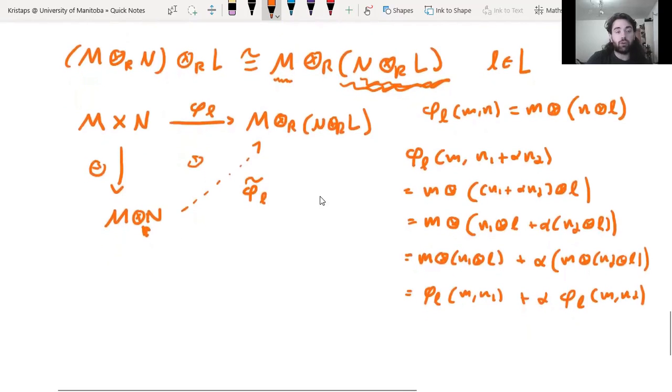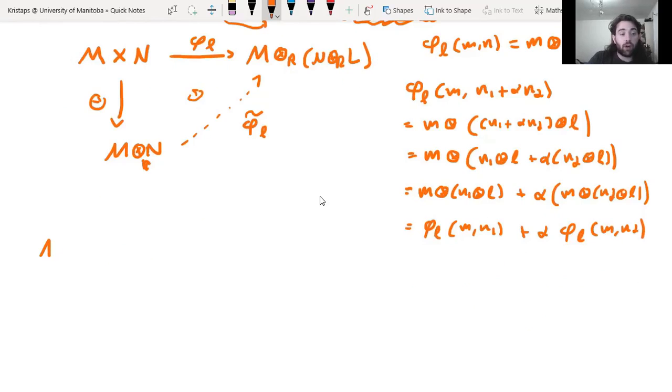Now we still want to get a map from this full thing over to here, and to construct an appropriate inverse. So now I'm going to define a map from N tensor over R cross L, again just using the universal property of tensor products.